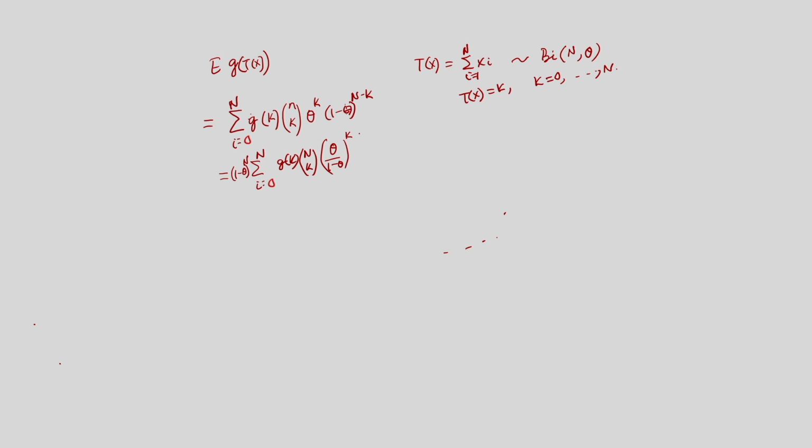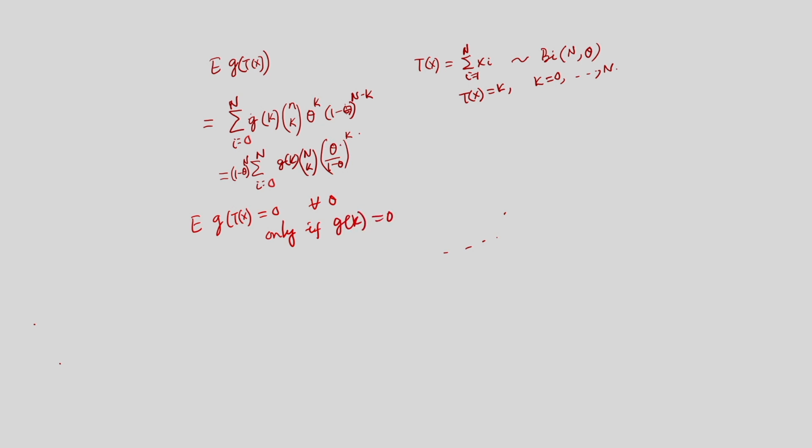Now, we want E of g(Tx) equal to 0 for all theta. But this quantity is a polynomial in theta by 1 minus theta to the power k, and this can become 0 only if g(k) is 0. Why?